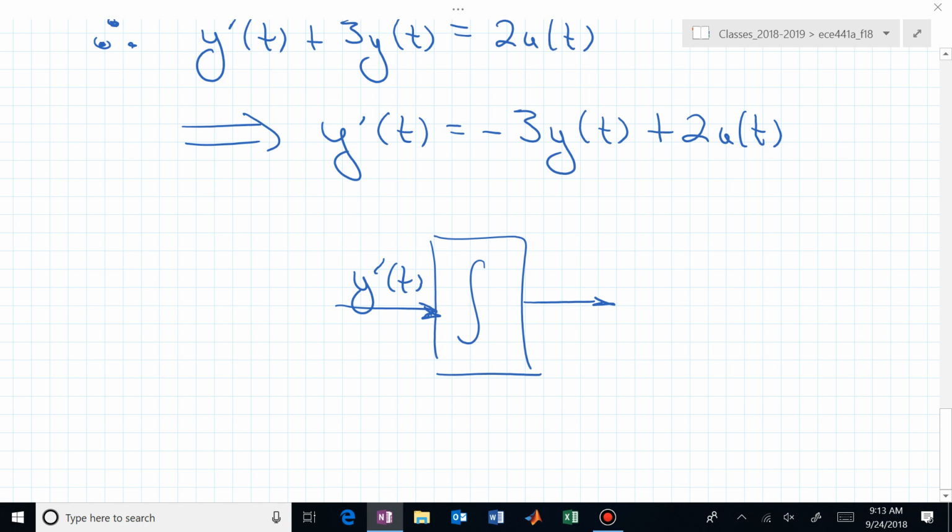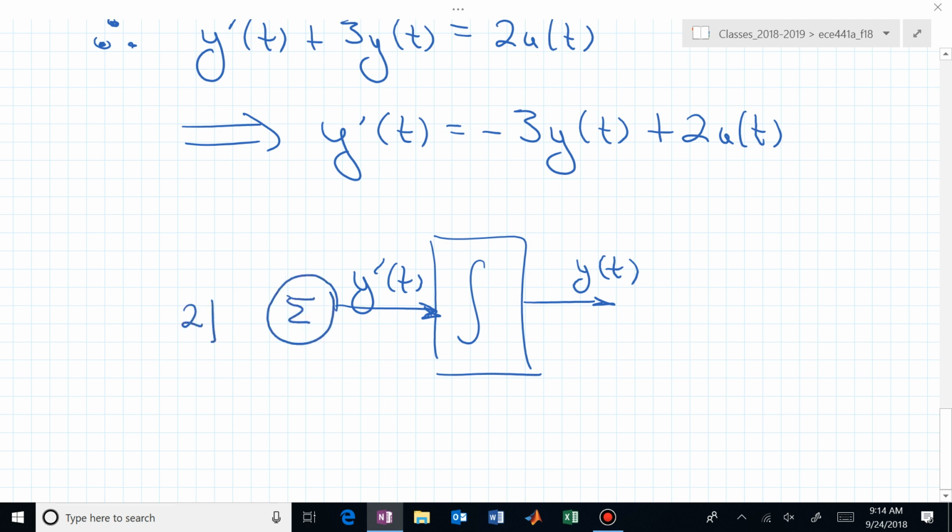But this is now an analog computer. This is our all integrator block diagram. We have y of t, and now if we have y of t, and if somebody's giving us the input u of t, we can actually produce what y prime is equal to through a summer. We can say, oh, I can create y prime. That's just the right-hand side.